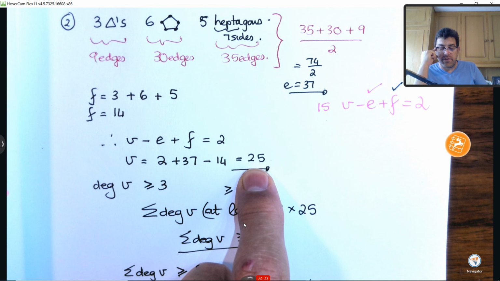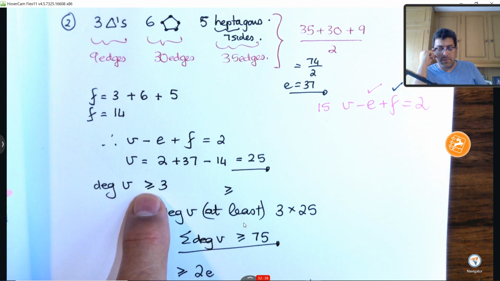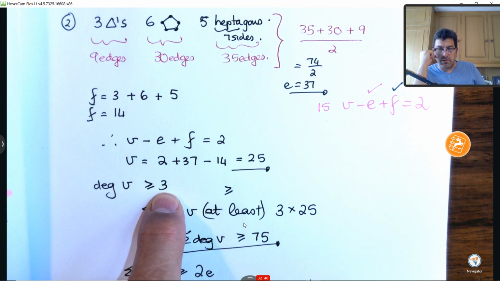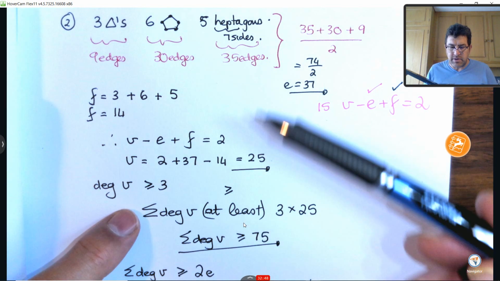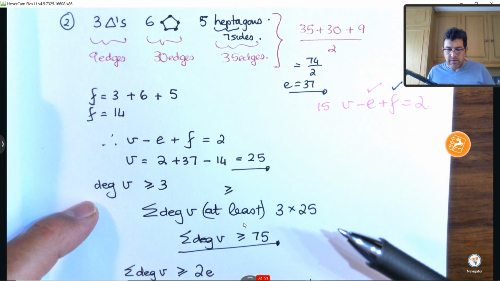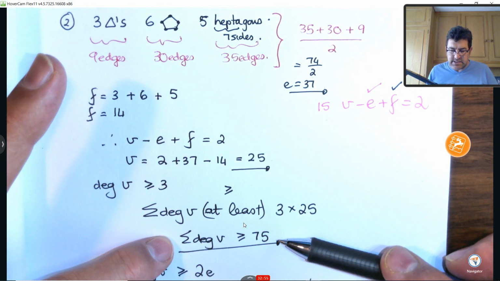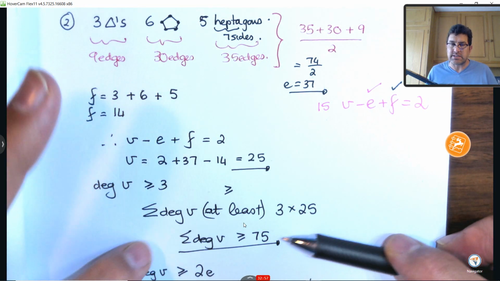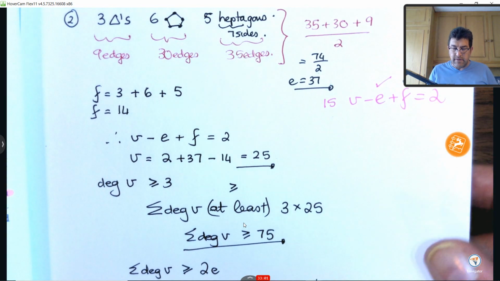to be 25. Okay, what does that mean? The degree of each of the vertices must be bigger and equal to 3. Now the degree of the vertex is determined by the number of sides or edges that meet in that vertex. Okay, because our smallest figure is a triangle. So if we work with that, then the sum of the degree of all the vertices has a minimum value of 75.